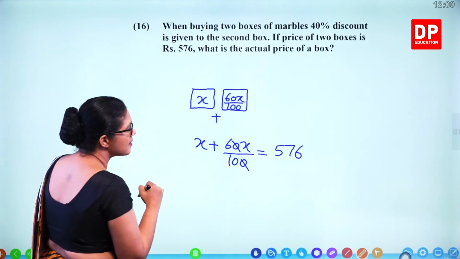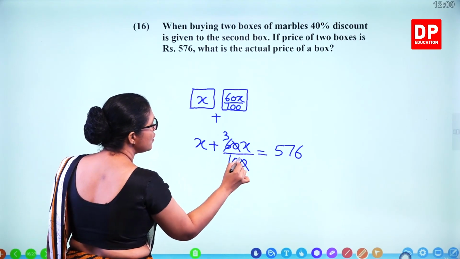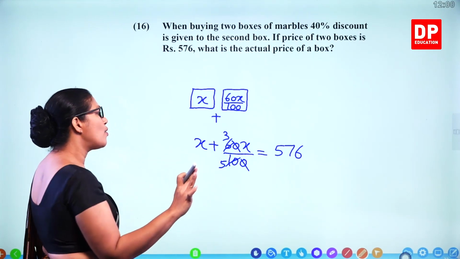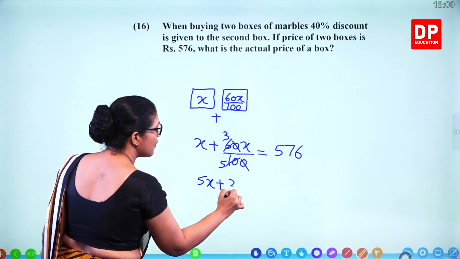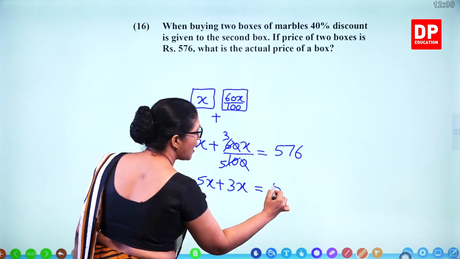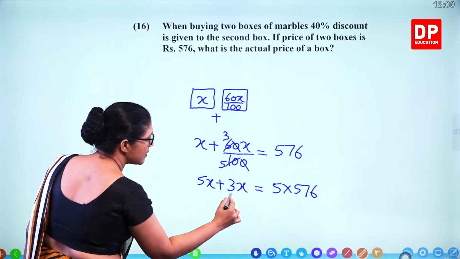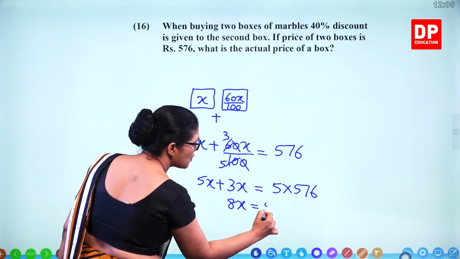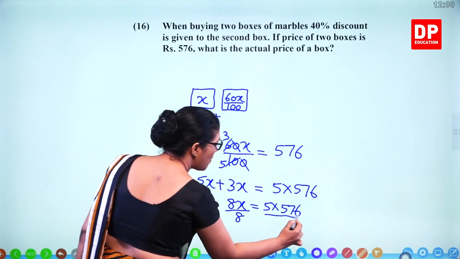So this is cancelled out. And here 2 times 3, 2 times 5. Multiply the whole equation by 5. 5x, 3x. And this is 5 times 576. Now 5 and 3 becomes 8x equals 5 into 576. Divide both sides by 8.